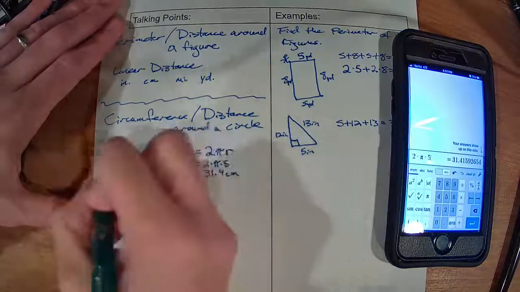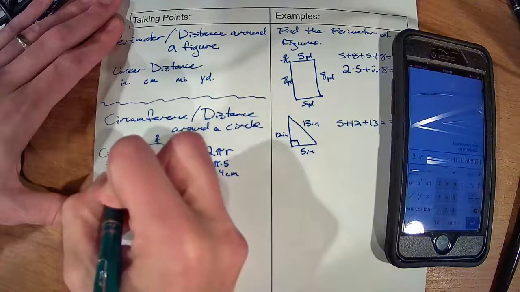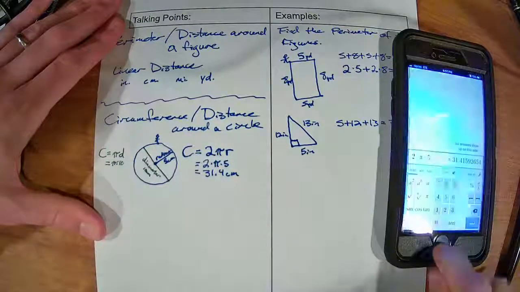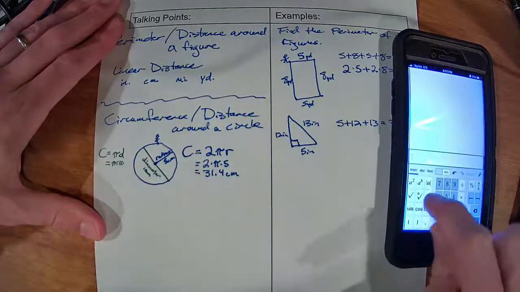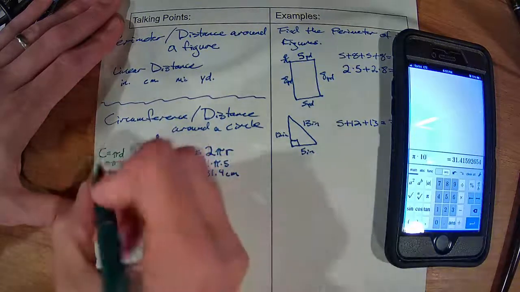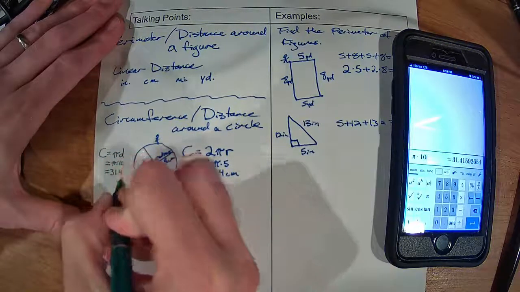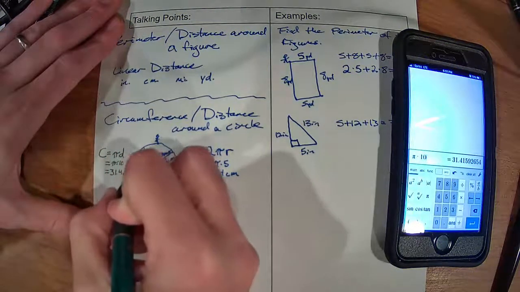And if I use that in my formula, pi times 10 in this case, and again, we can go back to our calculator, pi times 10. Notice we get the exact same answer. We'll get 31.4, what were we measuring at, centimeters.